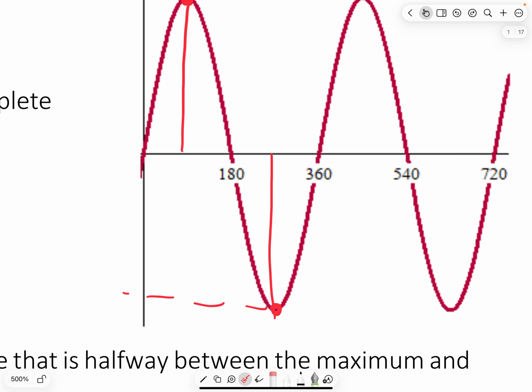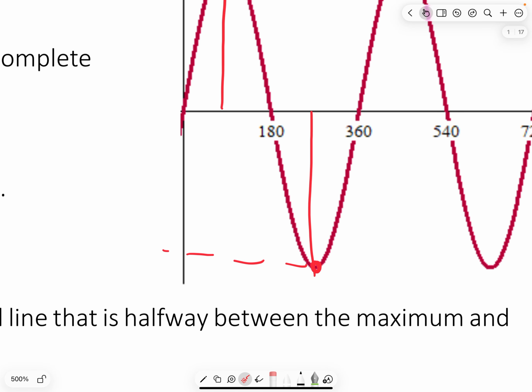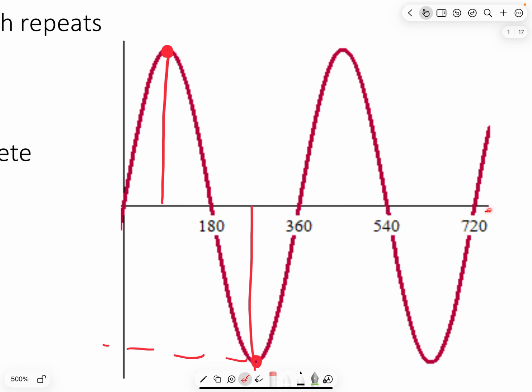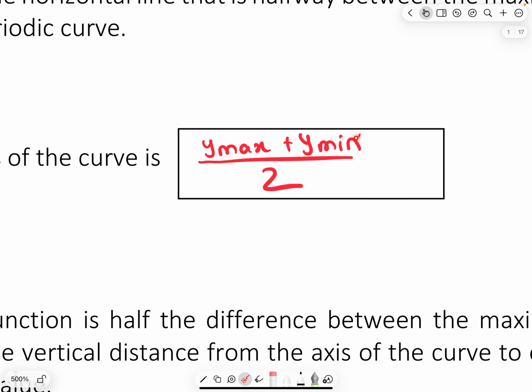The amplitude has to be the same for the maximum value and for the minimum value. This is because the axis of the curve must always line up between the maximum and minimum, with an equal distance from both. That's why in this equation we find the average.